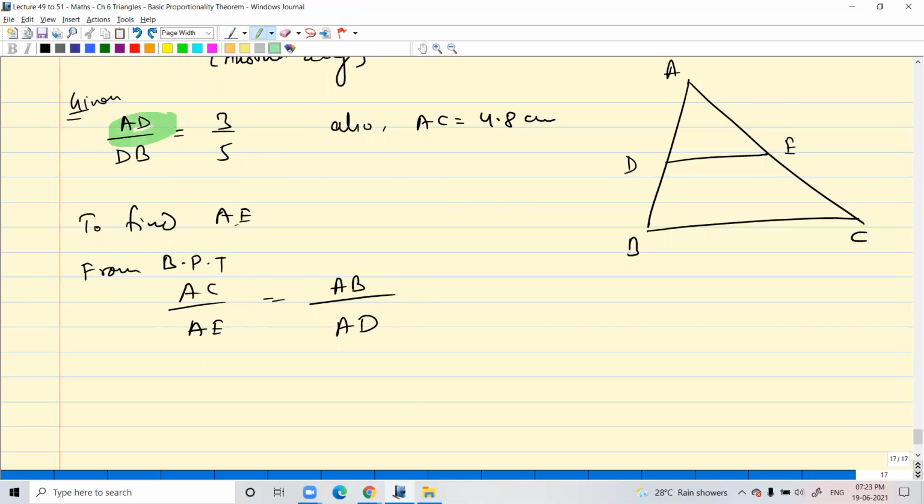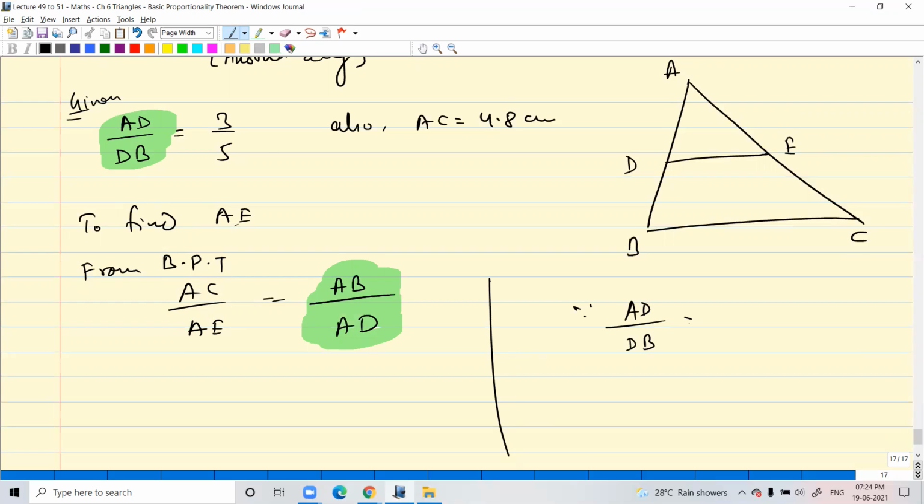So what I'm saying is, from AD by DB, how do I get the value of AB by AD? We only know the ratio AD by DB.